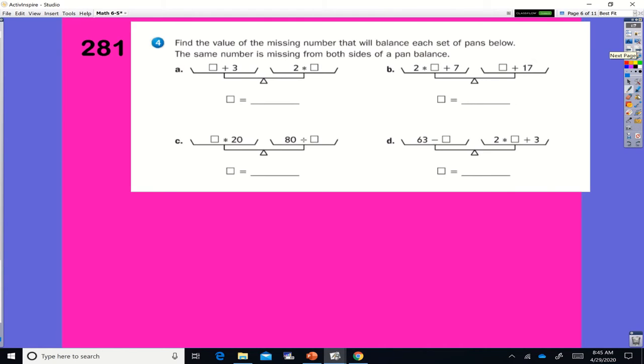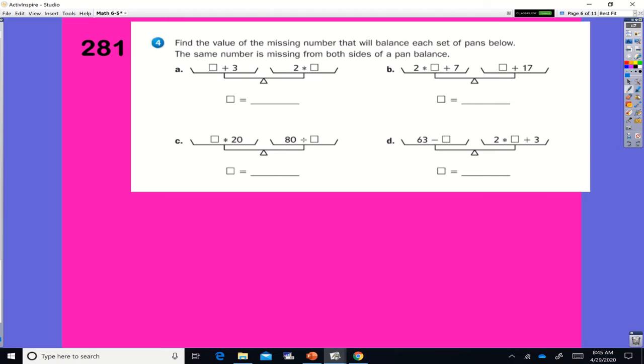Now the next part that we are going to do, one more thing with this, is we're going to put numbers in for this. Now use our number sense that we've talked about in our number talks. So like 2 times the number is equal to 3 plus that same number. Well, it has to be the same number here.